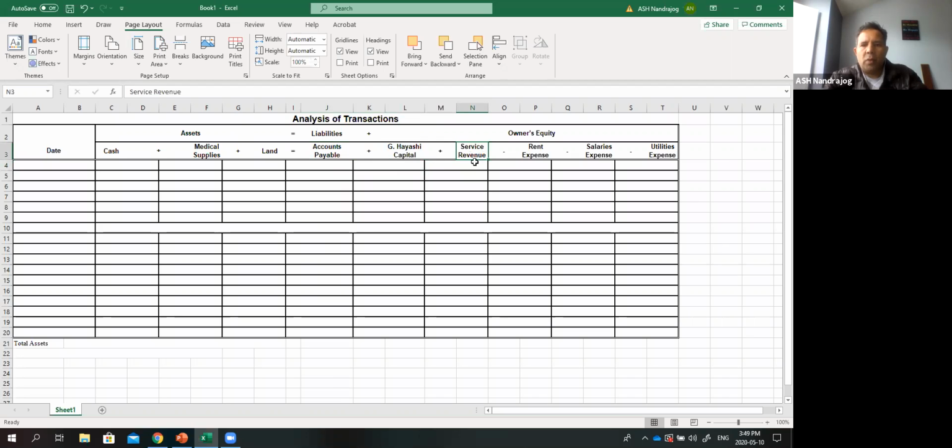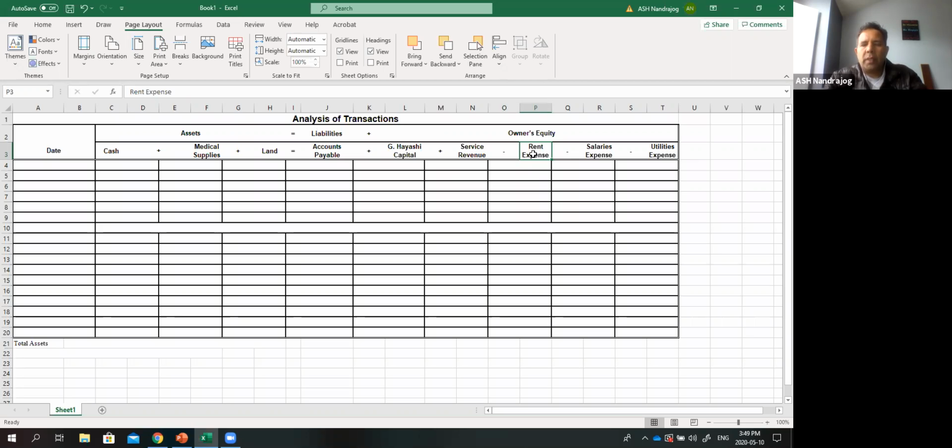The service revenue is the business which the business generates. And as you can see, it adds to the owner's equity. So the more revenue the business makes, the higher will be the eventual owner's equity. But then there are the expenses, which will decrease the owner's equity, and that's why there's a negative sign here.